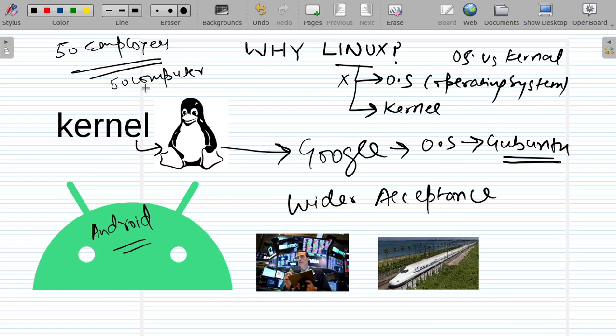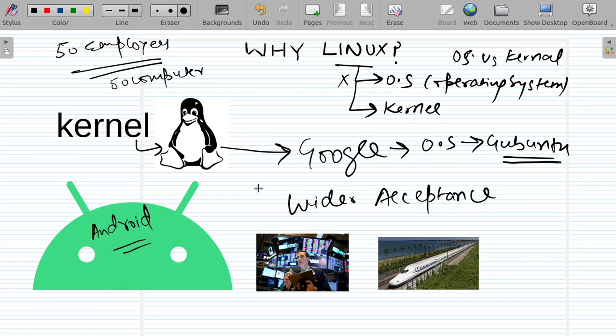But if they are using any paid operating system like Microsoft Windows, they have to purchase it separately for the 50 computers, which will cost them a huge amount. But they can do a very big amount of cost cutting for running their organization by using an operating system based on the Linux kernel. So this is the major reason why there is a wider acceptance of the Linux kernel in the market, right?